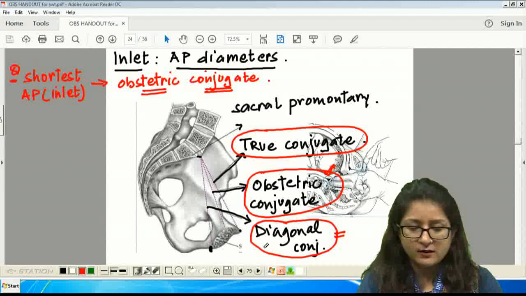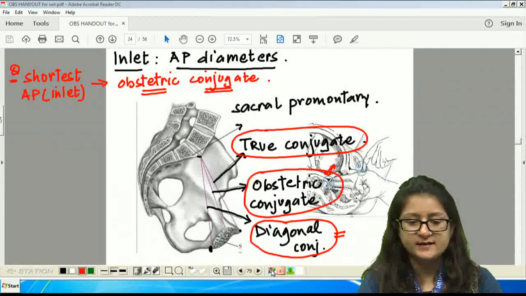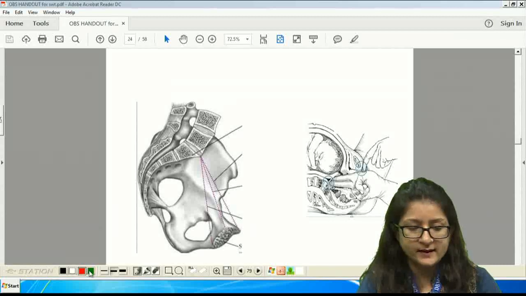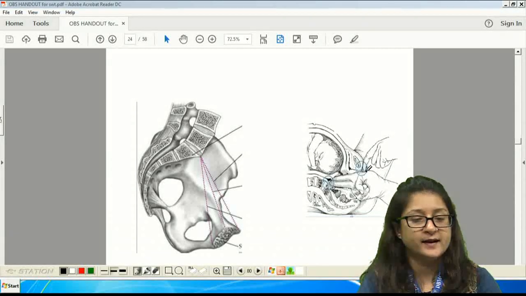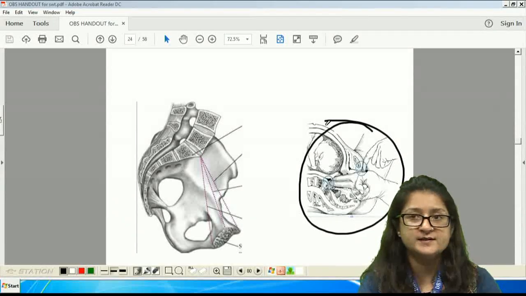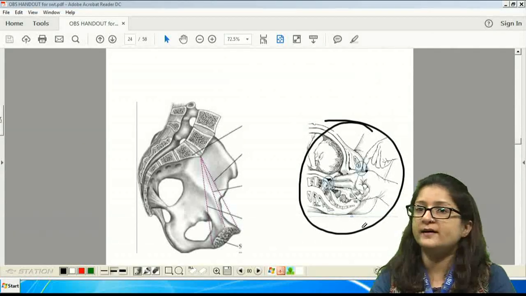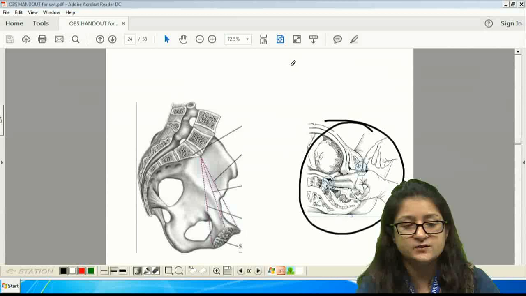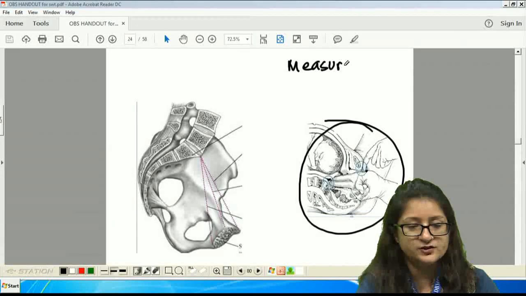Another important point, if you can see here, is that only the diagonal conjugate can be measured clinically. In this figure, if it is given to you to identify, what is being measured here is the diagonal conjugate.